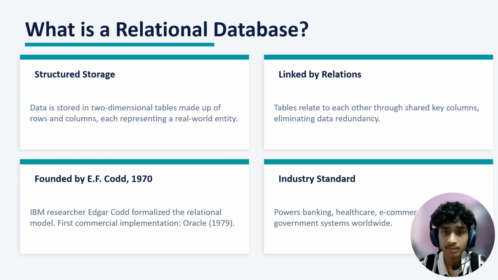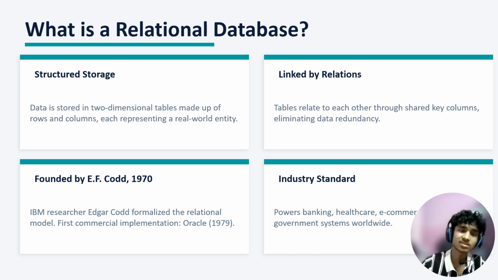There are three fundamental characteristics of a relational database. First, they are structured, which means data follows a defined schema, meaning each table has a specific set of columns with defined data types. Second, they are relational. Tables can be connected to each other through shared keys, allowing related data to be linked without duplication.